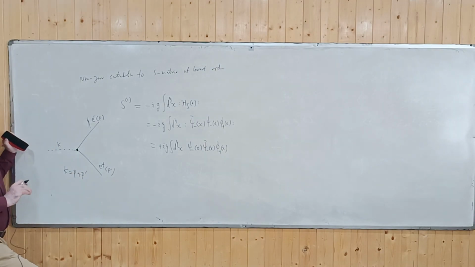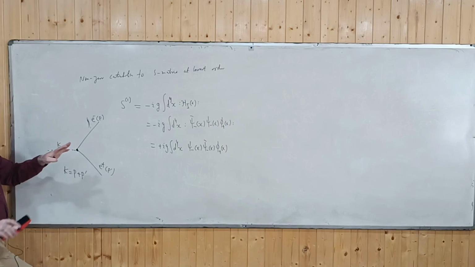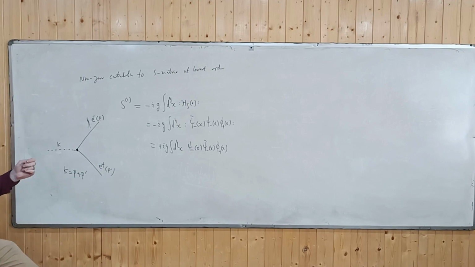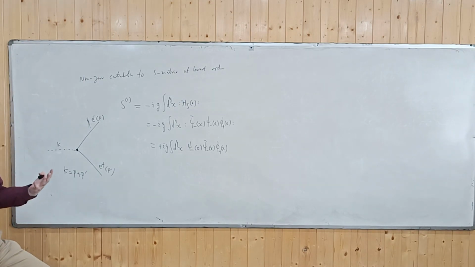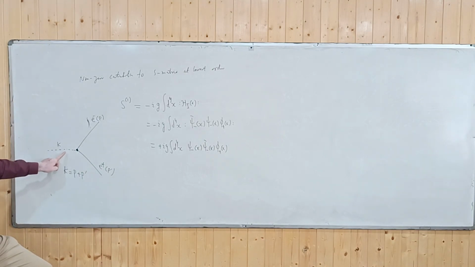So any problem? Okay, so to distinguish between, since we are having two types of particles, rather three particles are there. Clear? One bosonic particle, another fermion, and an antifermion. So we will always denote a scalar boson by a dotted line.